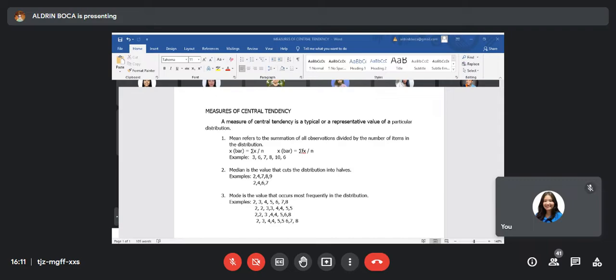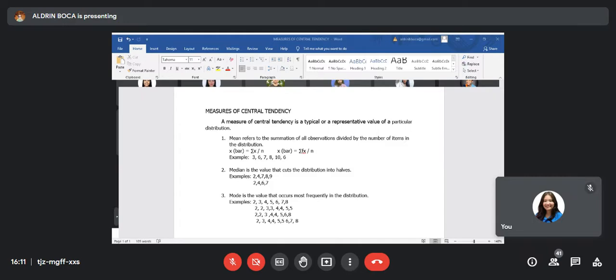Okay, so the other formula is if you were given the scores and along with the scores you have the frequency. For example, the score 4, for example 5 students got 4 in the test, so you have the score 4 and the frequency is 5. For example, score 5, the frequency is 3. The score 6, the frequency is 8.